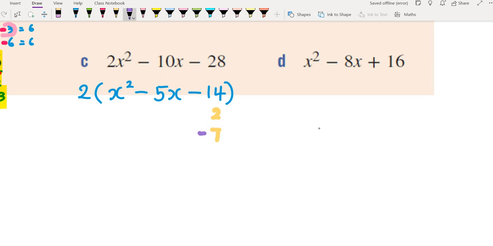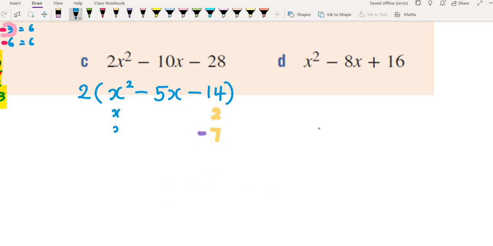Now, we want 7 to be negative in this case, because when we add these 2 up, we want it to equal negative 5. So if we have negative 2 plus 7, that's going to give us positive 5. But if we have negative 7 plus 2, that's going to give us negative 5. So we want to pick this combination where the 7 is negative.